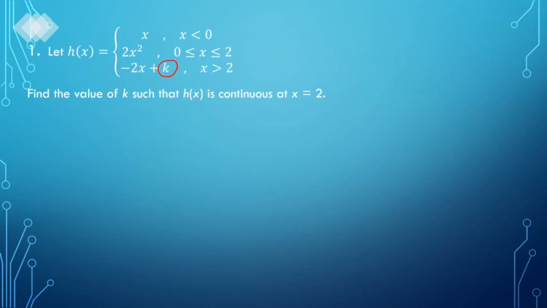Okay, so if it is continuous, you need to check the conditions. So first h(2), okay, which one? If it involves 2, there are 2 functions, this one and this one. So the equal is here, so 2x squared, 2 times 2 squared equals 8. Okay, so h(2) is defined.